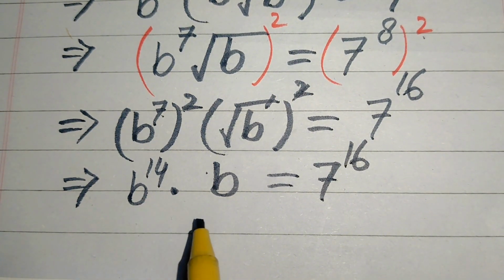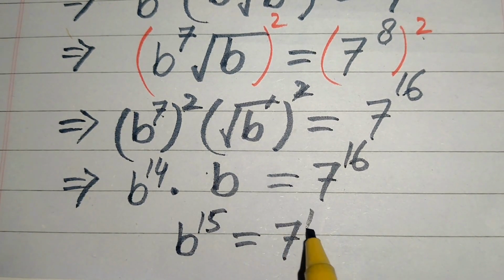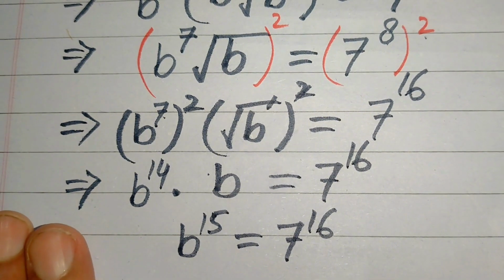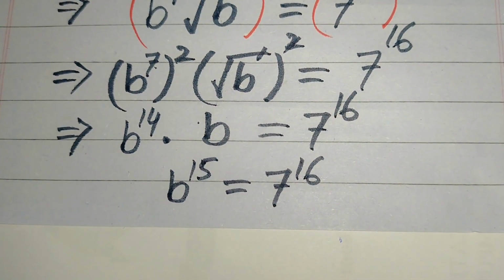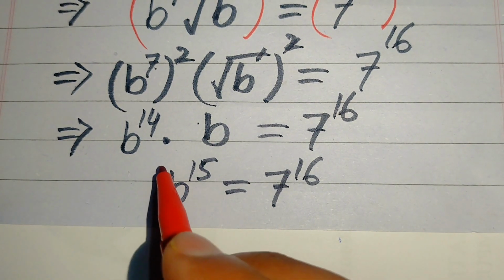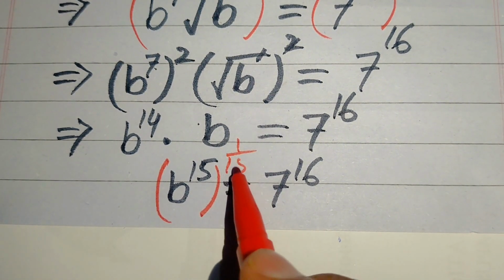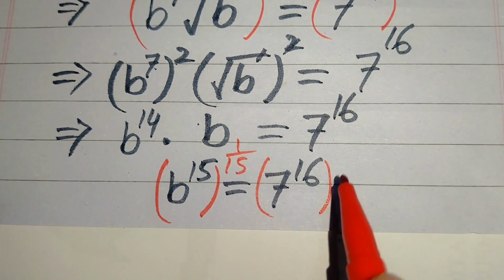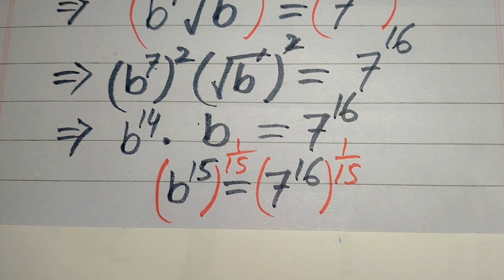You know that b to the power of 14 times b is equal to b to the power of 15, which is equal to 7 to the power of 16. So in the final step, in order to get the value of b, we need to remove the 15 from the left hand side, and for this we take the 15th root on both sides, or in other words we take the power of 1 over 15 on both sides.